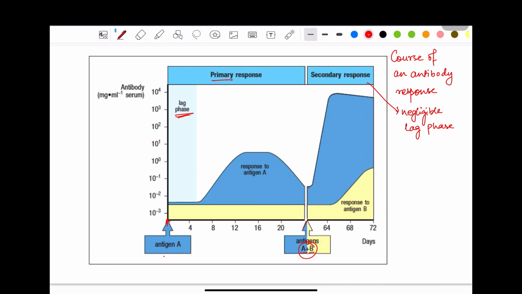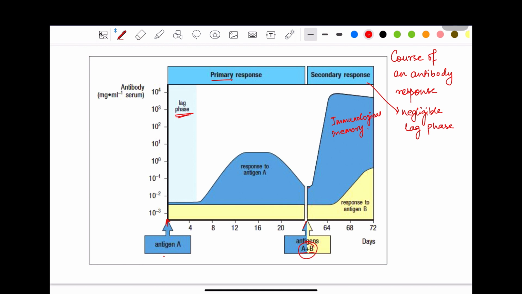This happens because of the immunological memory. As I mentioned that even if the pathogen is cleared, the memory cells remain in the body. So these memory cells can, when there is a subsequent exposure with the same antigen, the immune system recognizes that yes, it is the same antigen.